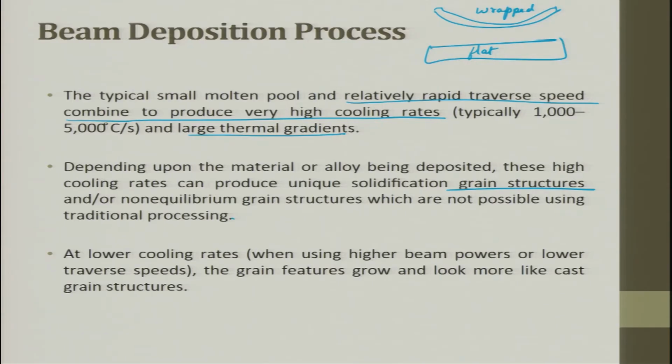You can create columnar grains, you can create uniaxial or equiaxial grains, and this dictates the final property. So, by doing this, we can create grain structures which you could never ever think about in the normal conventional process.